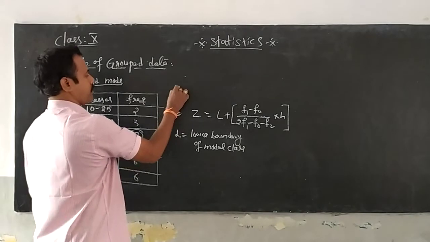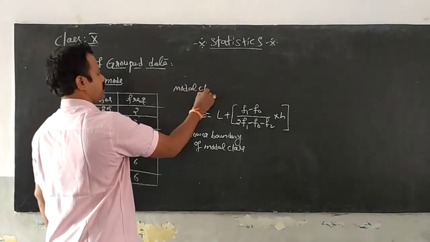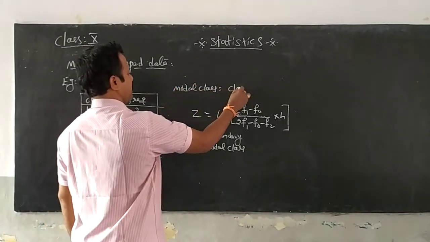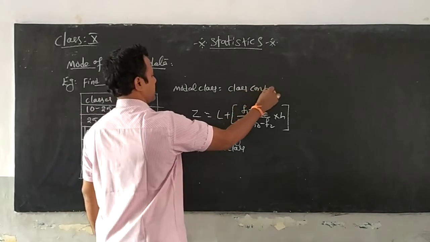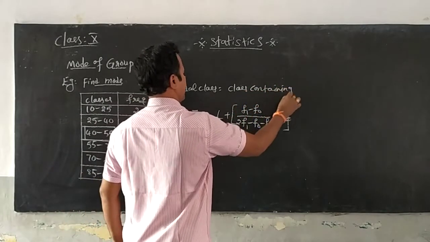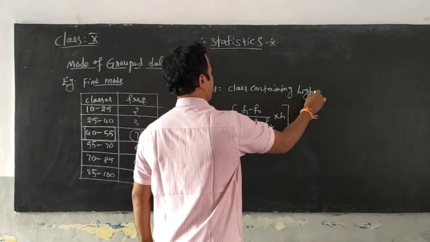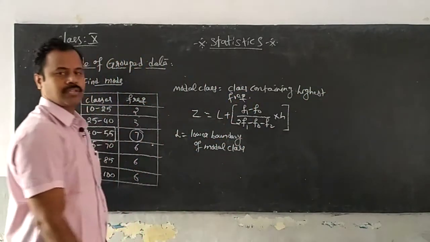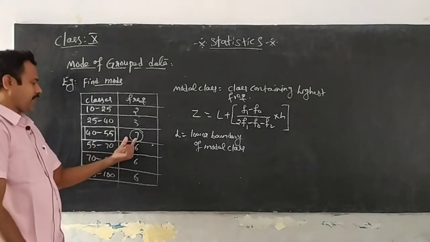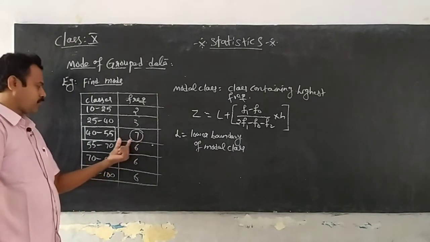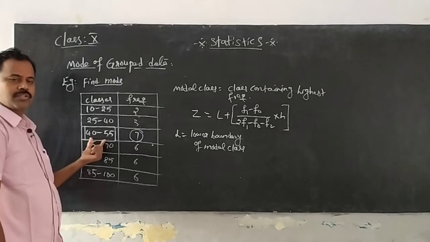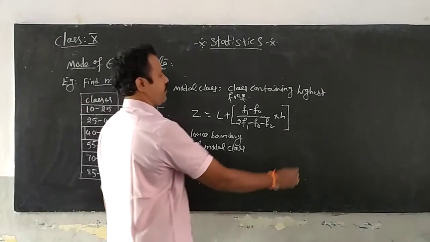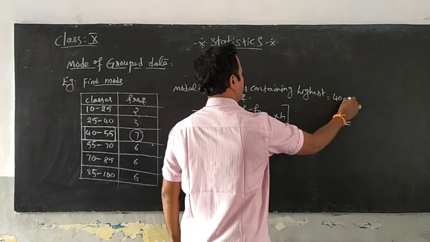So, before the formula you write modal class: the class containing the highest frequency is called the modal class. Here the highest frequency is 7 and the modal class is 40 to 55.